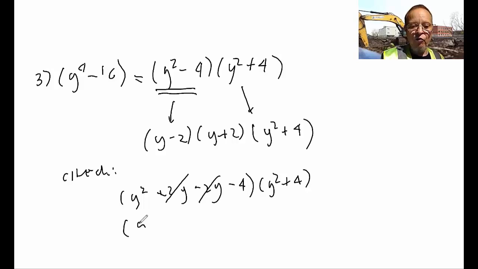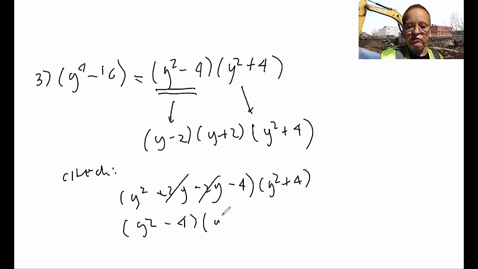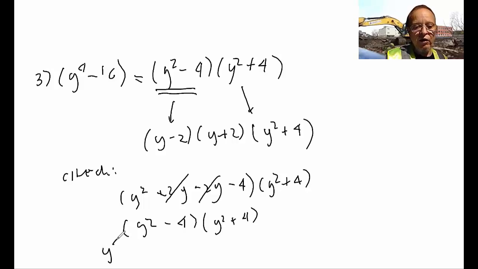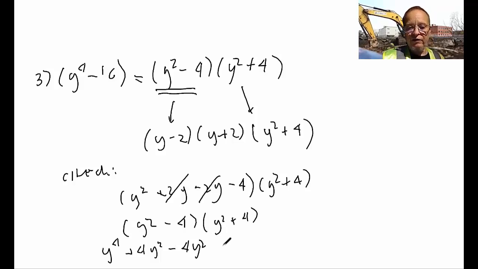And now we have y squared minus 4 times y squared plus 4. And then we do the same thing using our FOIL technique or the distributive property. So we have y to the 4th plus 4y squared minus 4y squared, and then minus 16.